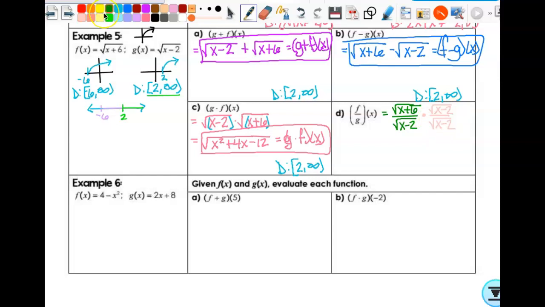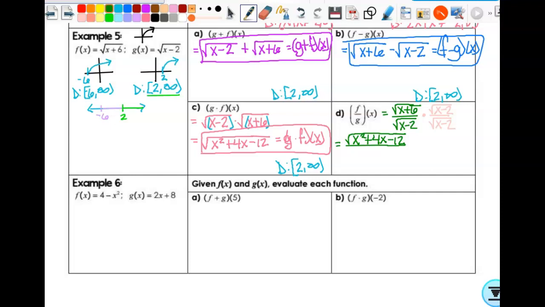So in the numerator, I have to multiply these two. I just did that right here, so I know what it is. So this is the square root of x squared plus 4x minus 12 in the numerator. What's the square root of x minus 2 times the square root of x minus 2? X minus 2. Look over there on that board.